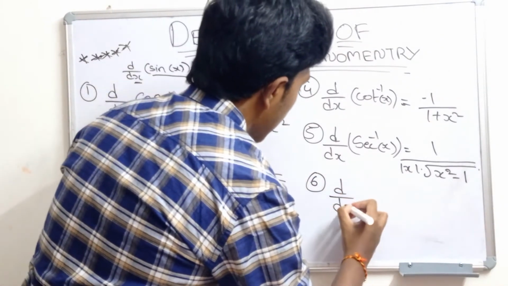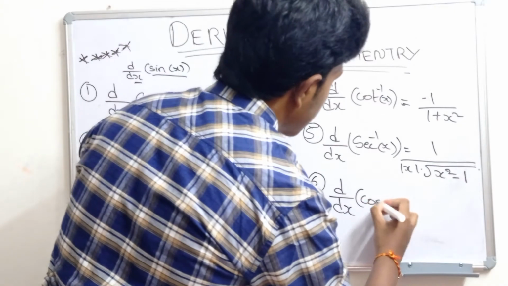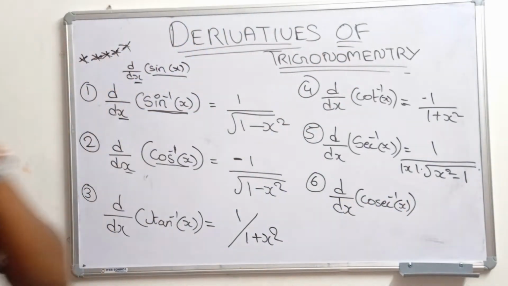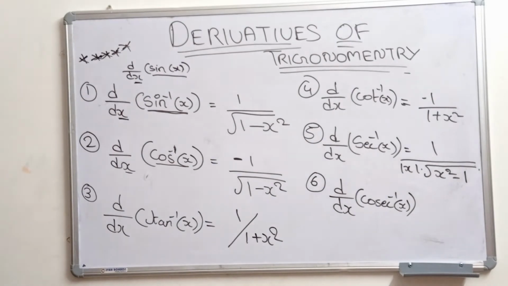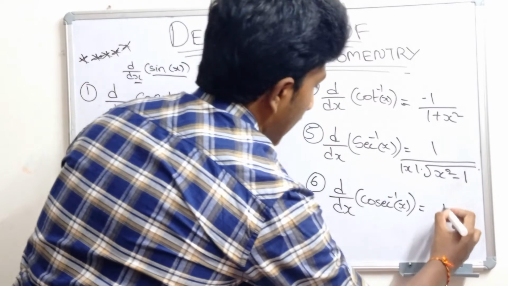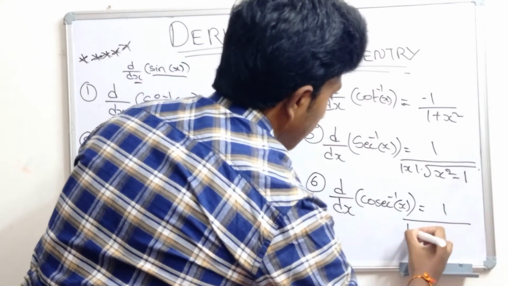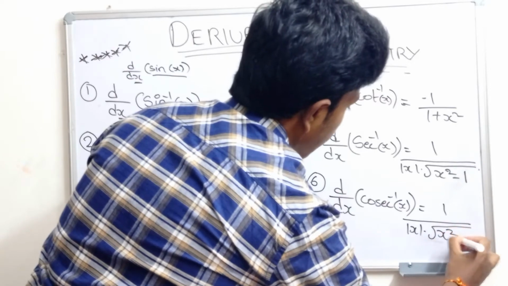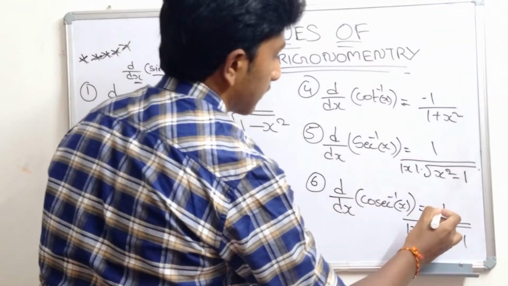D by dx of cosecant inverse x. Just write this formula as it is, mod x into root over x square minus 1. Just change the sign.